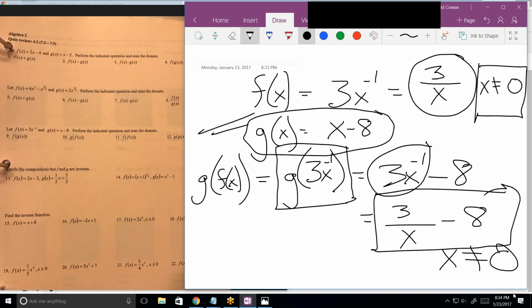Remember the last problem, x couldn't be 8 or x couldn't be 0. But this composite function gives me what I've drawn a rectangle around here. And the only domain restriction of this answer here is x cannot be 0, which we already had, so that stays as a domain restriction.